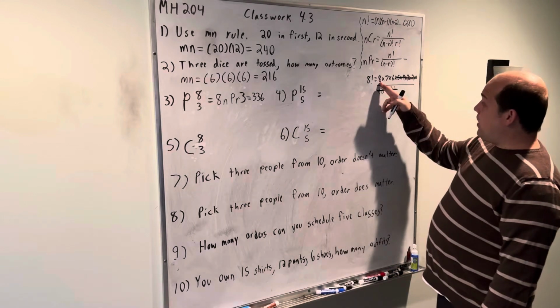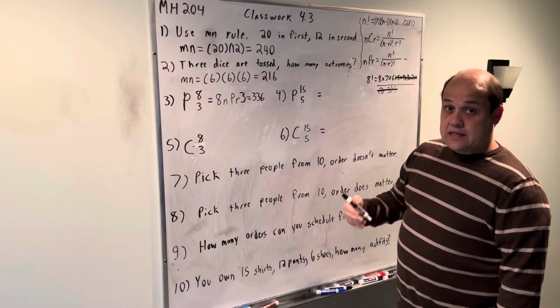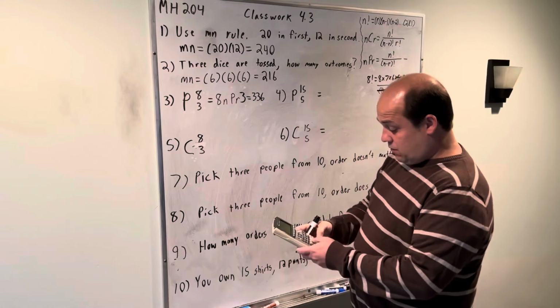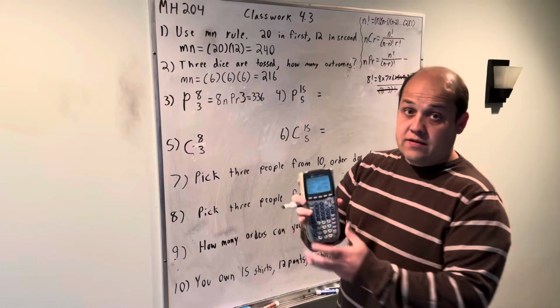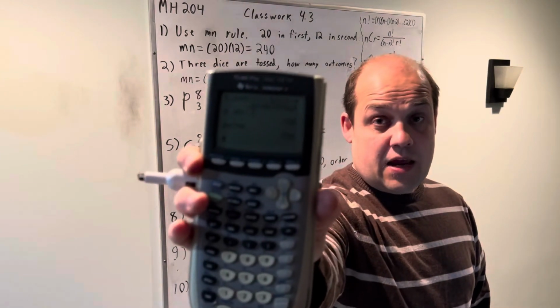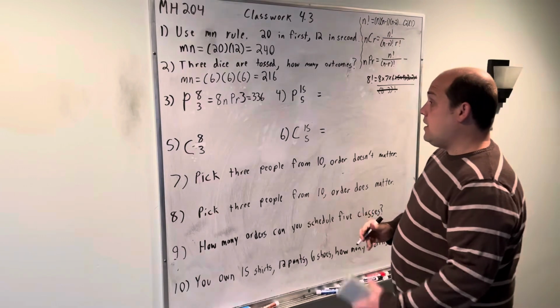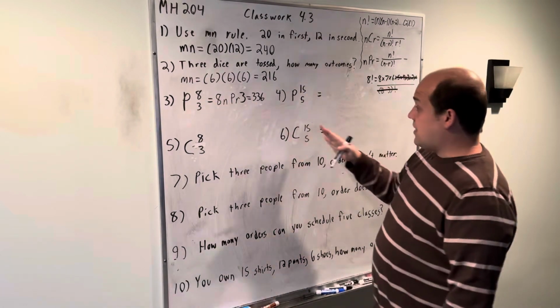That would leave me with 8 times 7 times 6, which gets me to this 336. When I check it in my calculator, 8 times 7 times 6 also gives me 336, the same way the NPR did. So what that tells me is that basically I can use my calculator to answer questions like these.